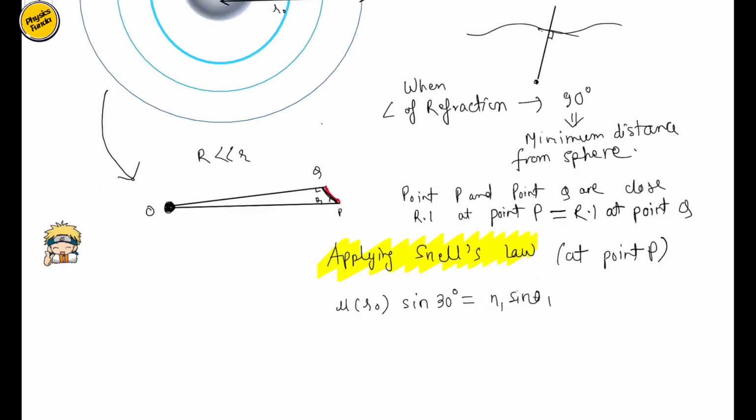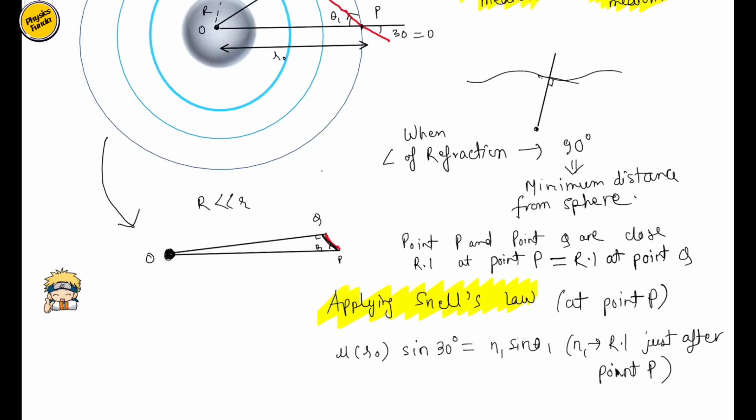Okay, so where my n1 value, I am taking the refractive index of the medium just after crossing point P. Okay, so if you see in the figure, this was my R naught value, and I am taking this distance from O to Q as my R minimum.